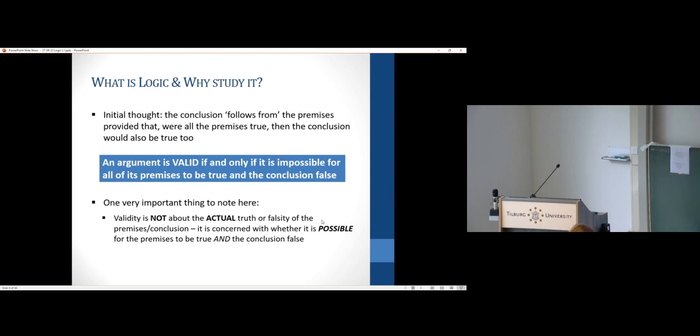So again, an argument's valid if and only if it's impossible for all the premises to be true and the conclusion false. If there's a possible situation where the premises are all true and the conclusion is false, then it is invalid. So the conclusion has to be true when all premises are true. Yeah, when all the premises are true, right? But it doesn't have to be such that it is in fact true.